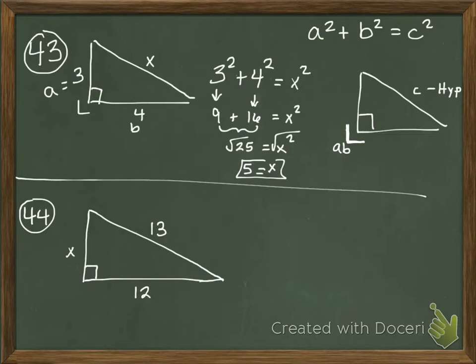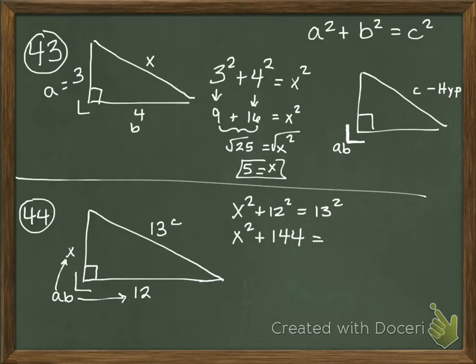Okay, now in the 44 example, this time we're not looking for the hypotenuse. This time we're actually looking for one of the legs. So here's A and B. So I'm going to let A be x and B be 12 and C be 13. So I've got x squared plus 12 squared equals 13 squared. And so when we work this out, x squared plus 12 times 12 is 144, equals 13 squared is 169.